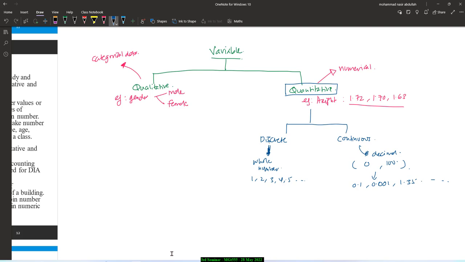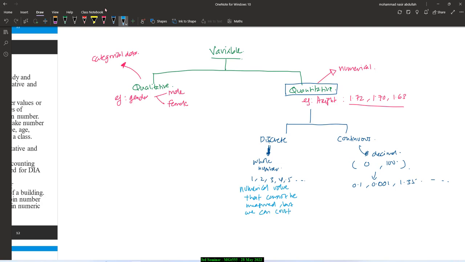So an example of discrete. Discrete is easy to identify. It's a numerical value that cannot be measured, but we can count.